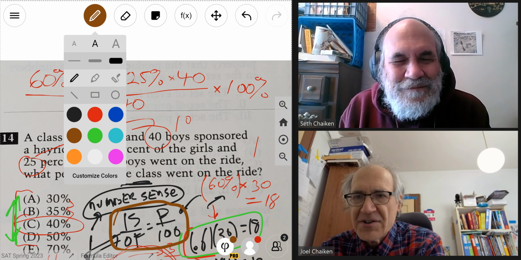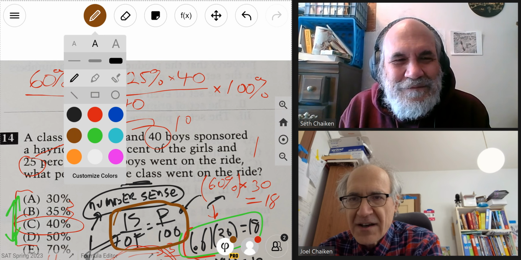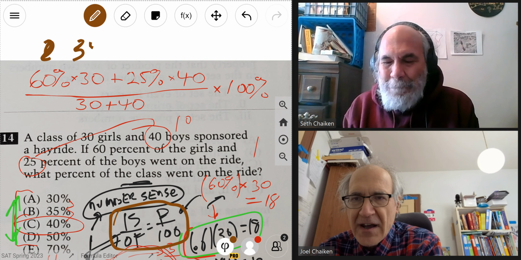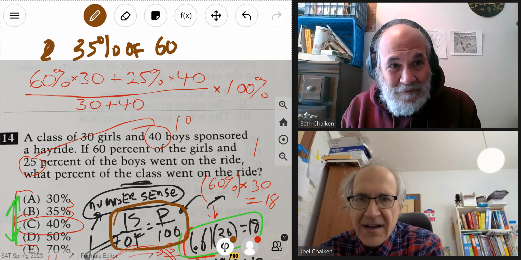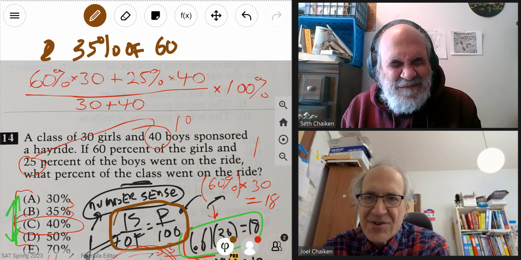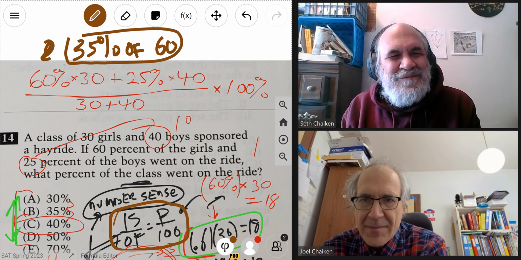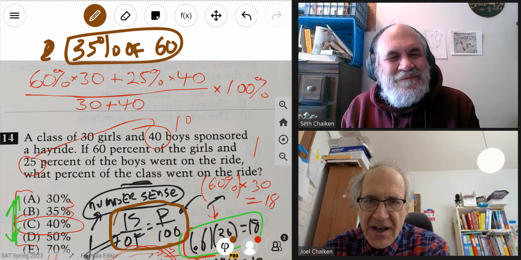You should go into the SAT knowing how to do 35% of, let's say, 60. That may not be an even number, but you should at least know how to set this up. The of is a multiplication, so it's 0.35 times 60.